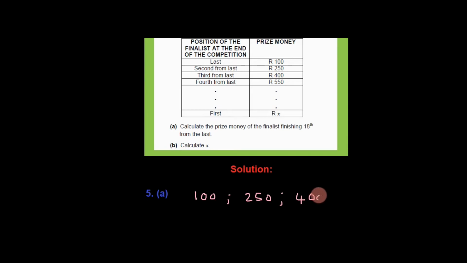Third last person gets 400 Rand. Then 550, etc. All the way up to X. So the first person gets X Rand. Now in A, we must find the prize money of the finalist finishing 18th from last. So 18th from this term, the first term.